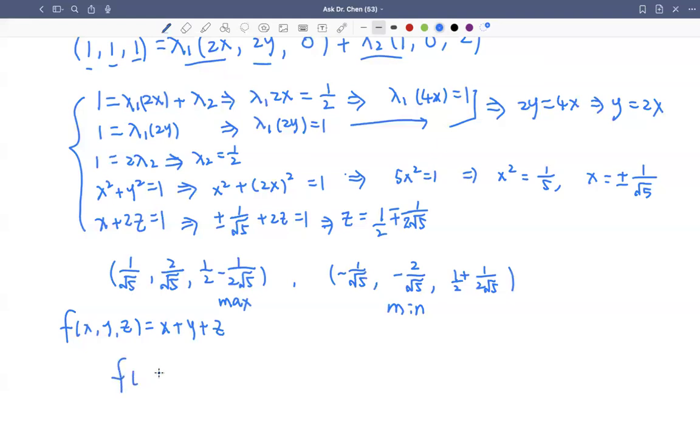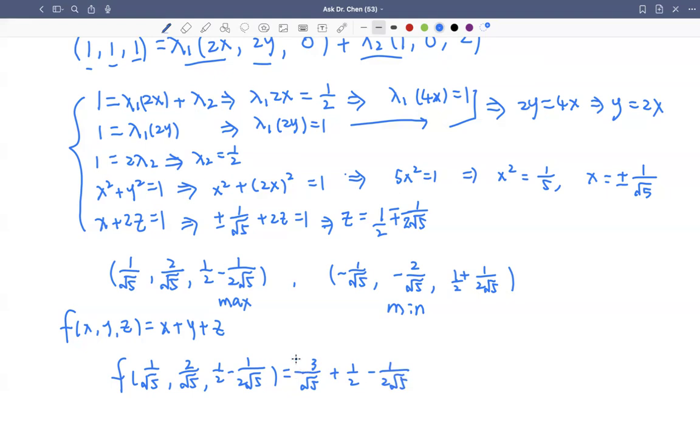So f of 1 over square root of 5, 2 over square root of 5, half minus 1 over 2 radical 5. Just add those 3 values. The first two, when we add, give us 3 over square root of 5, then plus half minus 1 over 2 radical 5.